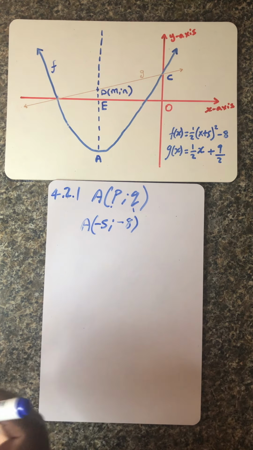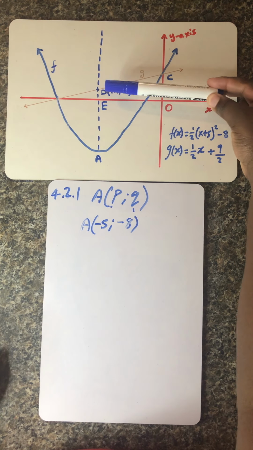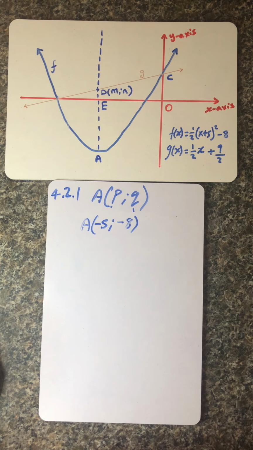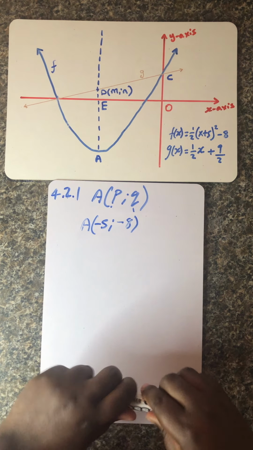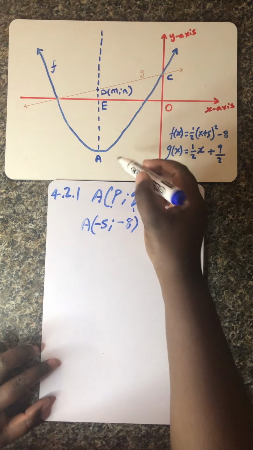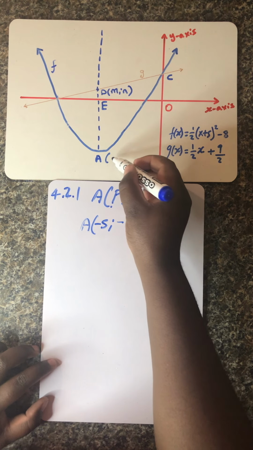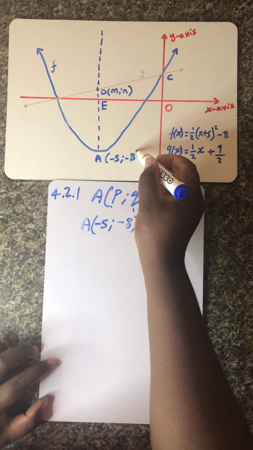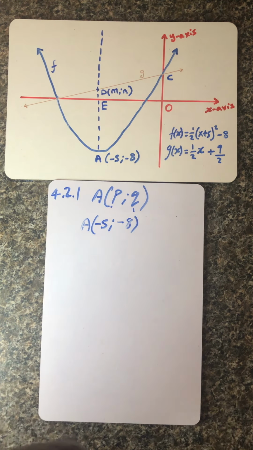From the origin going down, it's on the negative side of the y-axis, and also on the negative side of the x-axis. Very important. So this is negative 5, this is negative 8. That's how you solve question 4.2.1.